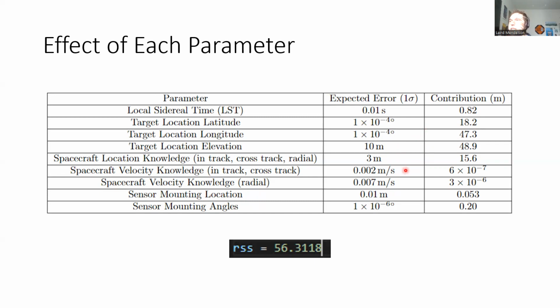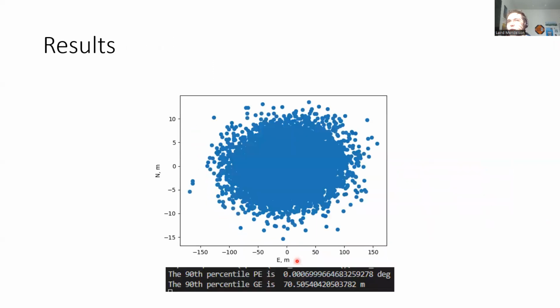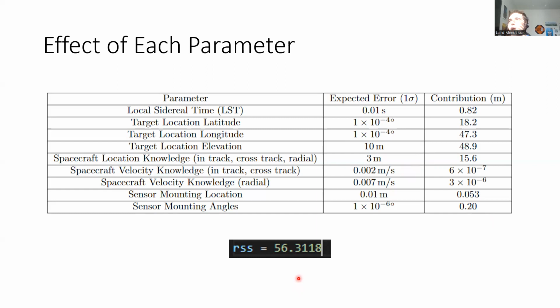Now, the other thing to note here is that the root sum square of all of these errors is 56.3 meters, which is significantly less than we were seeing over here. And the reason for that is that at least a couple of these big ones were fairly correlated.